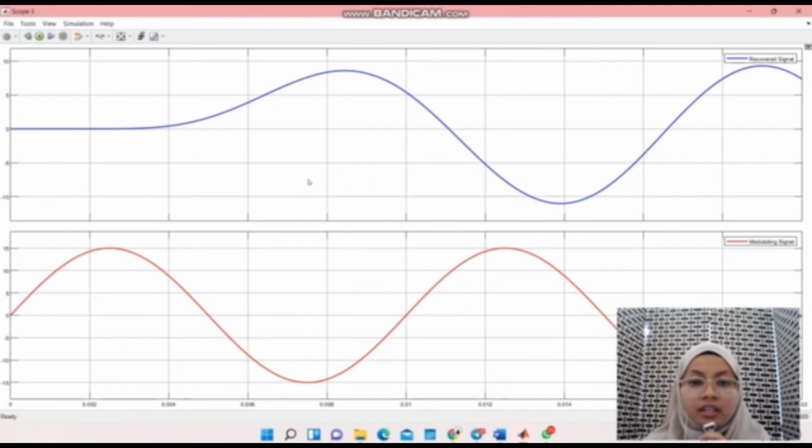This is the signal after we change the value of VM. After going through the quantization process, the value of the recovered signal decreases compared to the input signal.